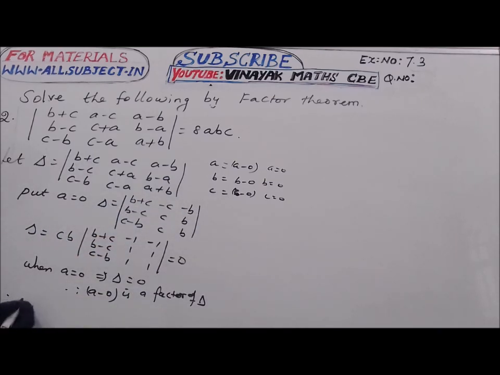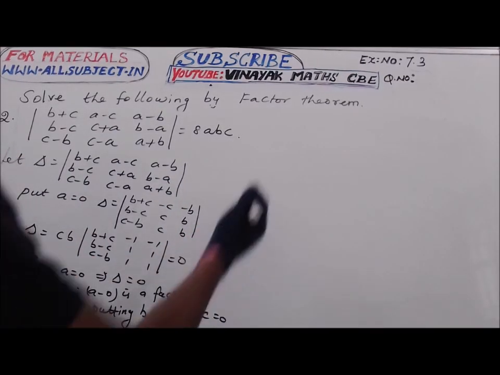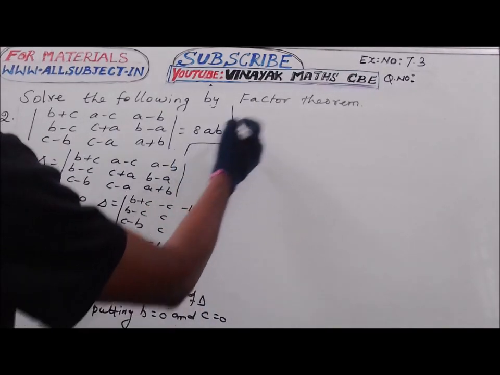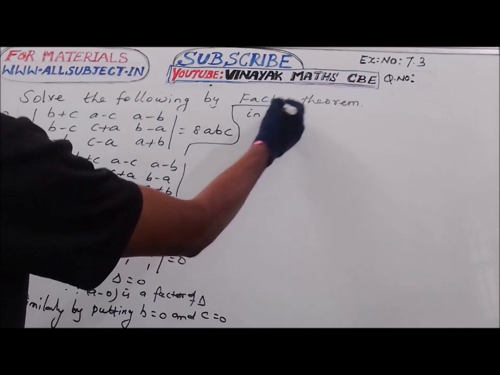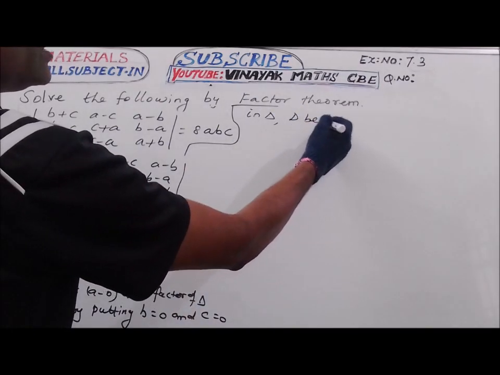So therefore, similarly, by substituting or putting B equal to 0 and C is equal to 0 in delta, delta becomes 0.